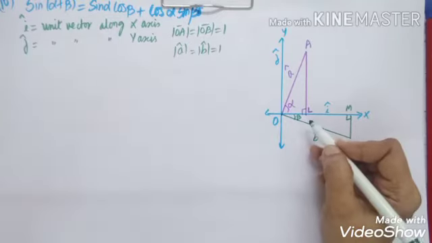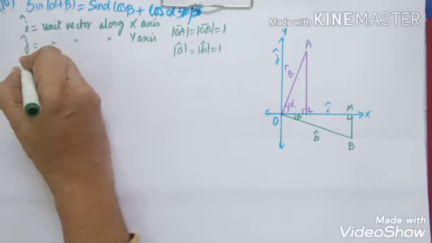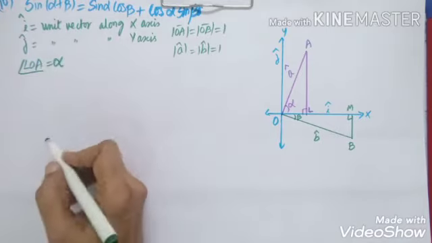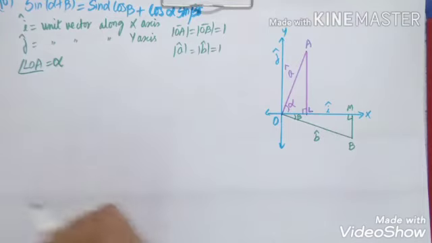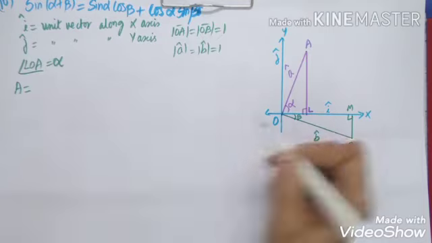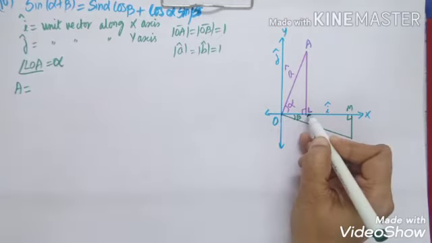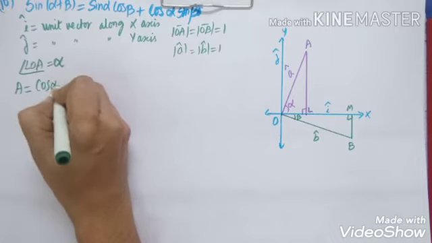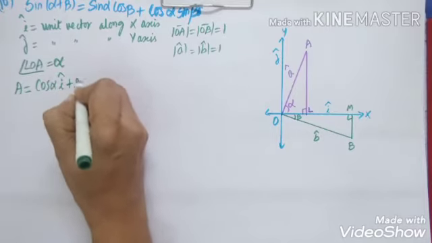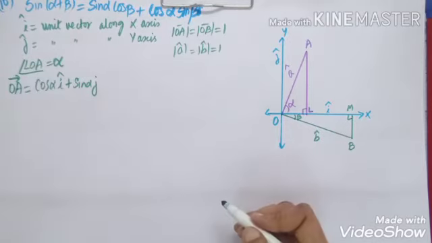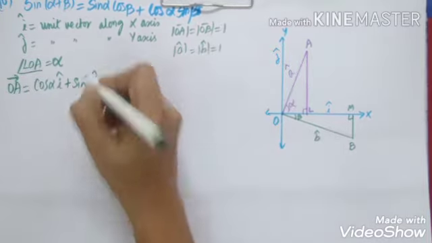Drop a perpendicular, so we say angle LOA equals alpha. As we have already discussed, I can immediately say A is cos alpha i plus sin alpha j. This is the OA vector, the same idea.